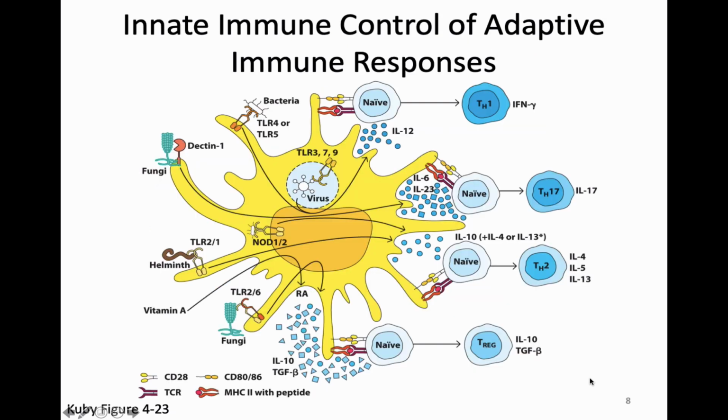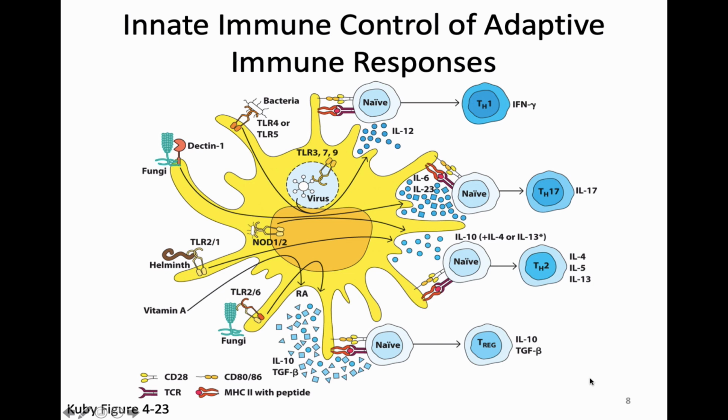Here you can see an example of how that original APC might bias a naive T cell that it interacts with, to become a different type of helper T cell subset. So all of this is really dependent on the innate immune response. Some different PRR might lead to a signaling cascade that leads to a unique type of cytokine.